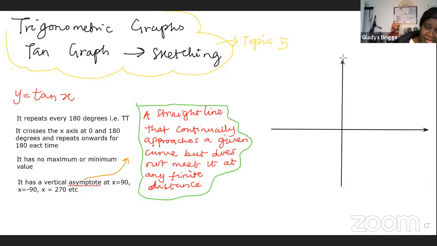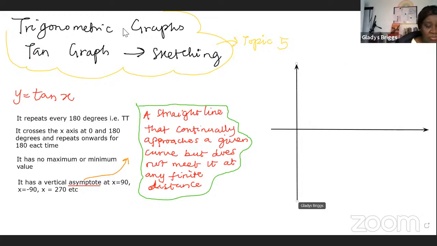That's my y-axis up there. And we want to draw this graph. Let's choose some limits now. Let me see. y is equal to tan x for 0 to 2 pi, okay, which is what we've been doing.